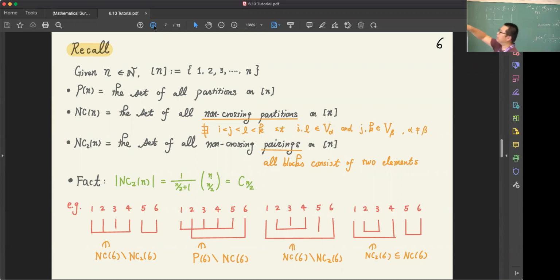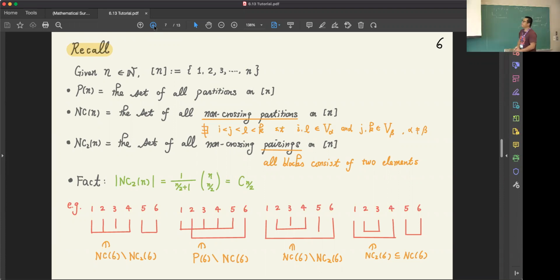So if this is not going to happen, we say this partition is non-crossing. And another notation: if in a non-crossing partition each block contains only 2 elements, then we say it's a non-crossing pairing. We use NC sub 2 to represent this set.